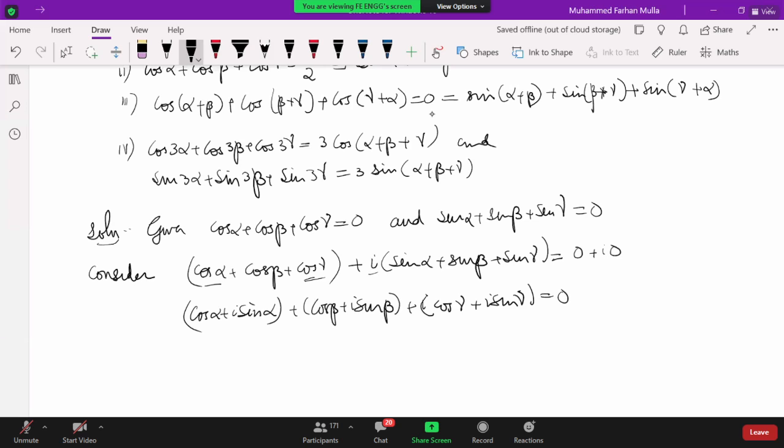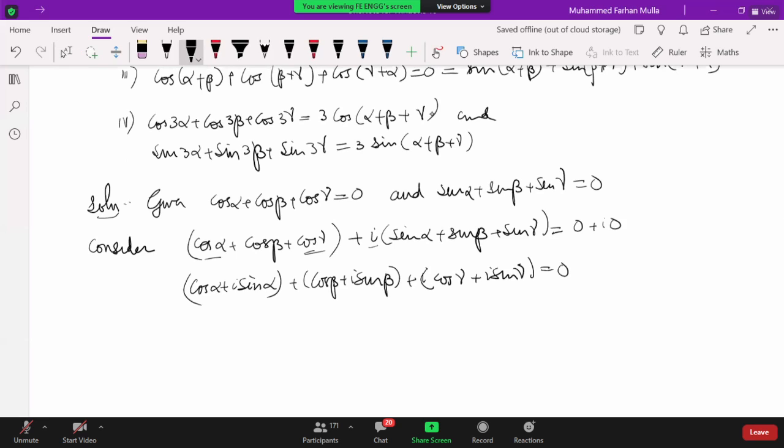Okay, so this is actually the complex number.